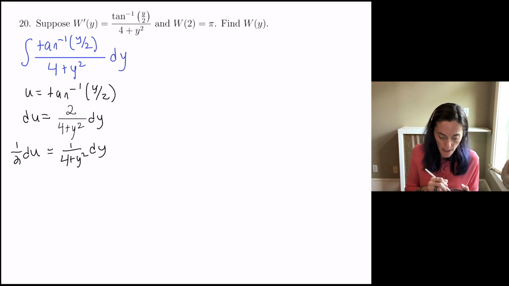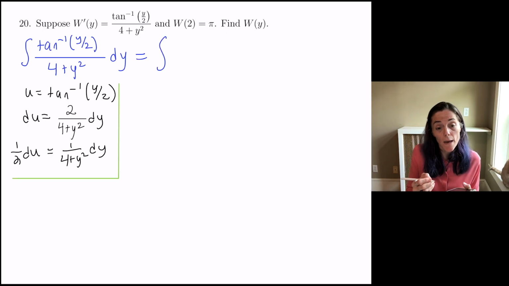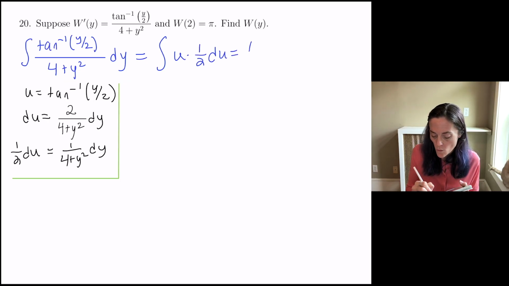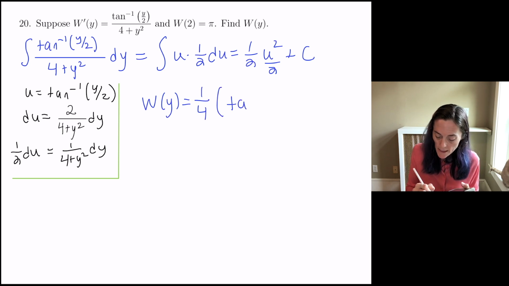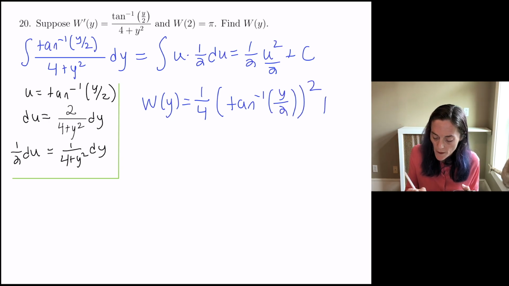Okay, here is my side box. We have an integral. Well, this is not too bad. It's just u times 1/2 du. We integrate 1/2 u squared over 2 plus c. Now we can write w of y equals 1 over 4 tan inverse of y over 2 squared plus c.